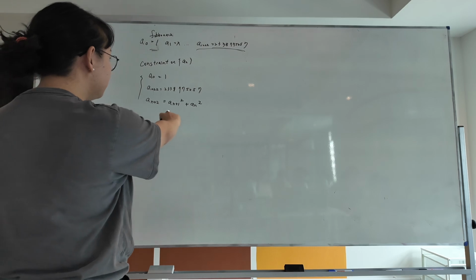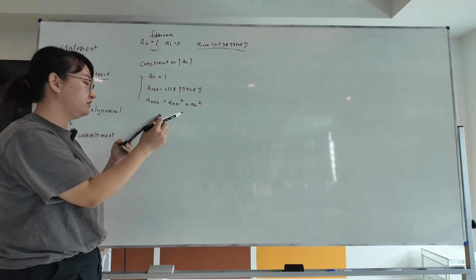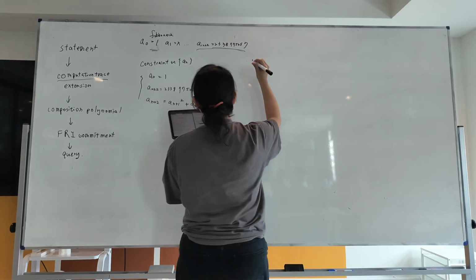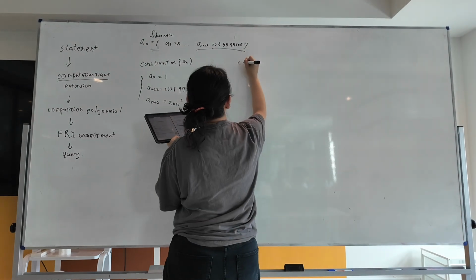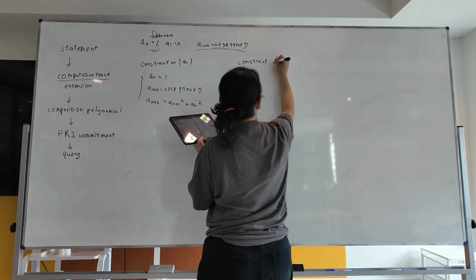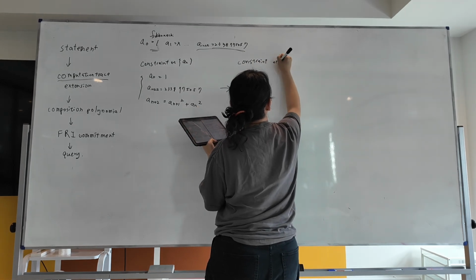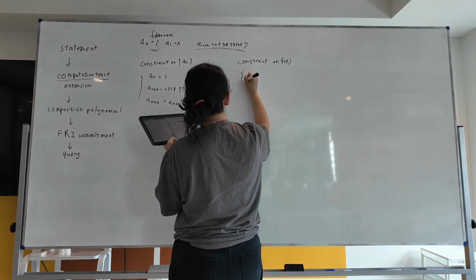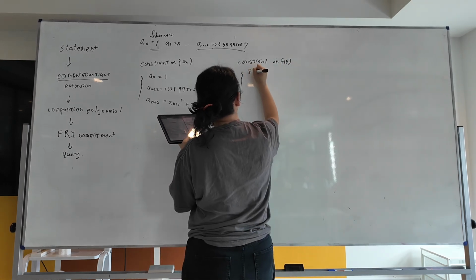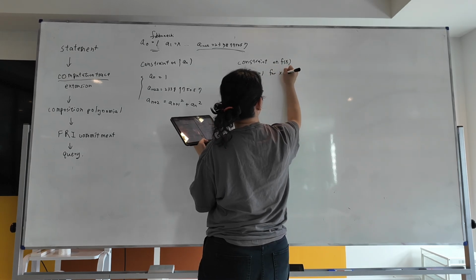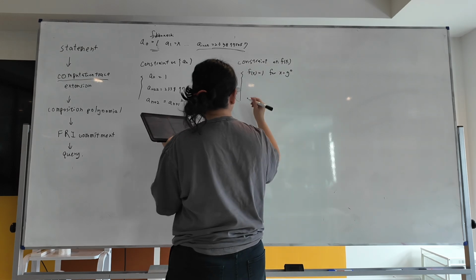Now we have the constraints on A_n, but how do we convert them into constraints on f? So now we want to make them into polynomial constraints. So now we have f(x) equals 1 for x starting with G^0.